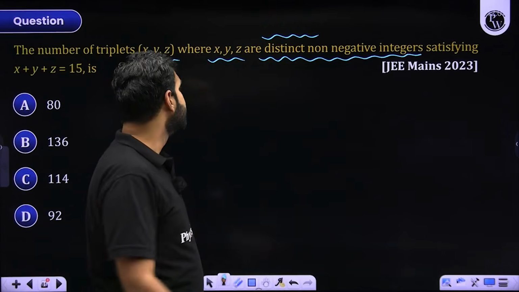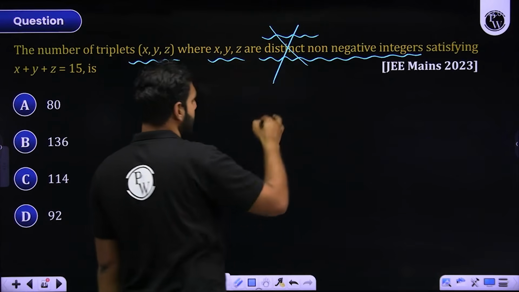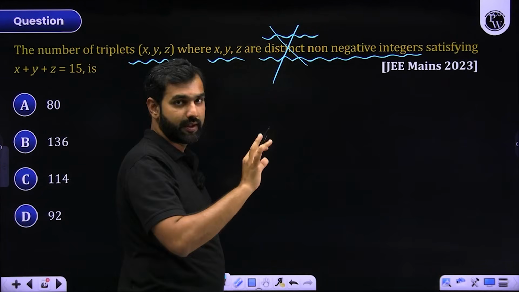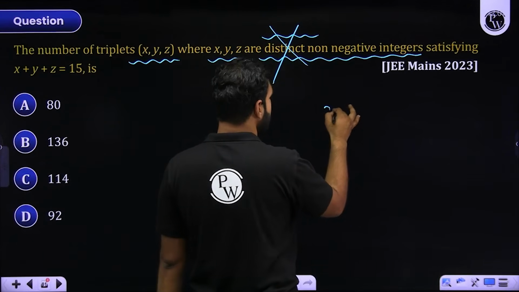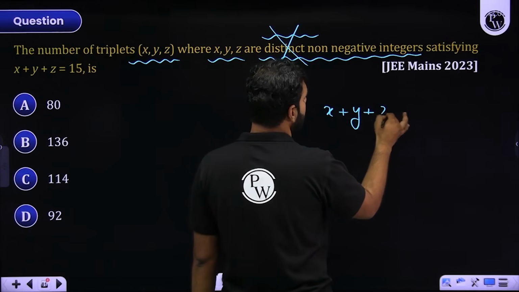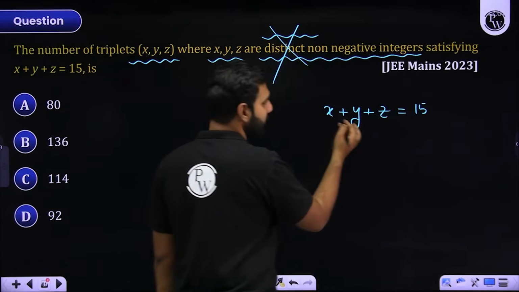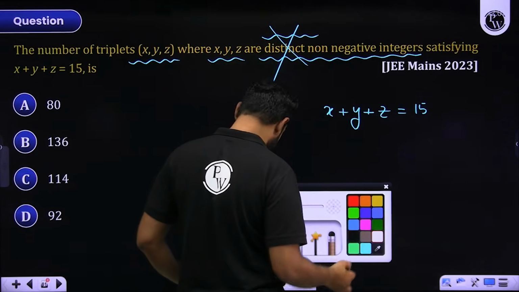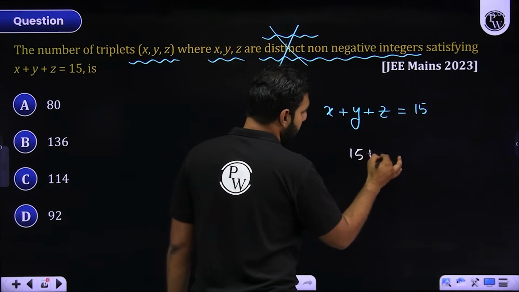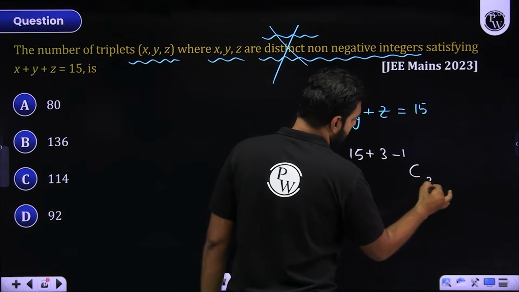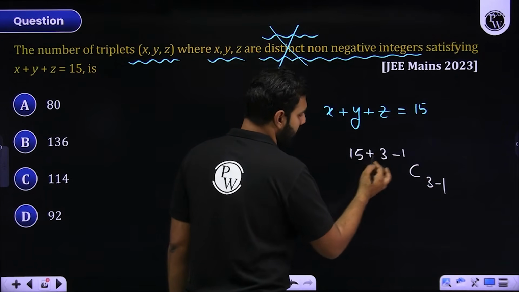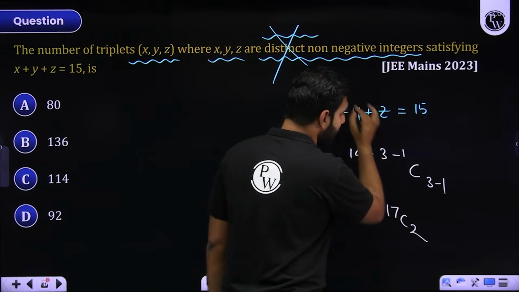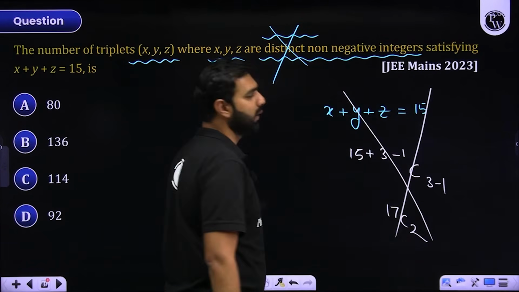Let's say for a while this distinct word was not there. Then it is a question of distributing 15 objects among 3 people. How will you do it? With the formula n plus r minus 1, C r minus 1, the answer would have been 15 plus 3, which is 18, minus 1, that is 17C2. That would have been the answer, but this is not the question.